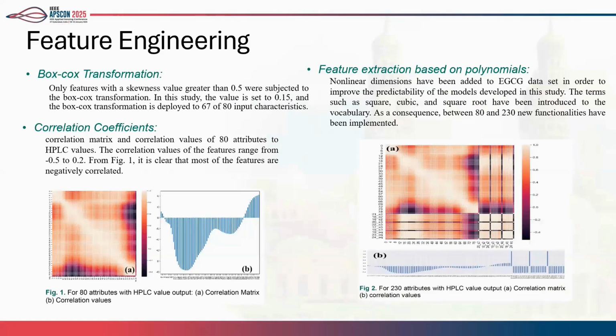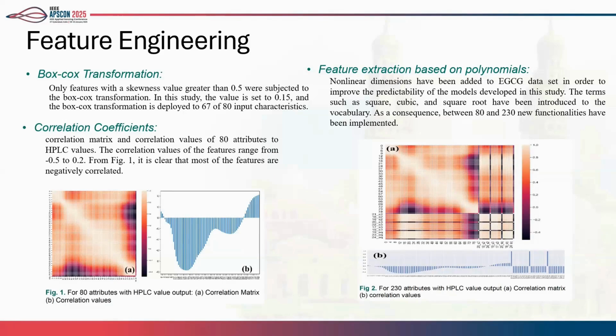Now coming to the feature engineering, first of all, we have done the Box-Cox transformation. Why Box-Cox transformation? When we looked at the 80 features, we saw how the data is skewed among the features. Then we considered only those features having skewness greater than 0.5.